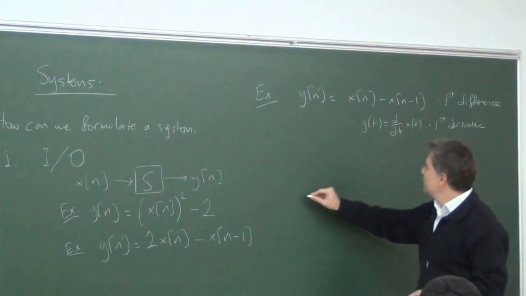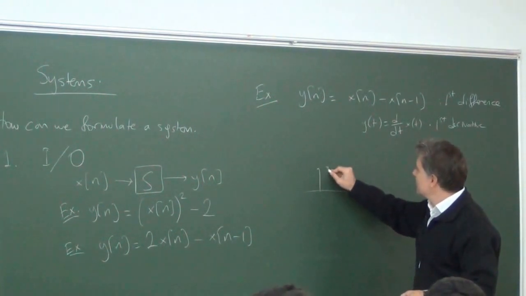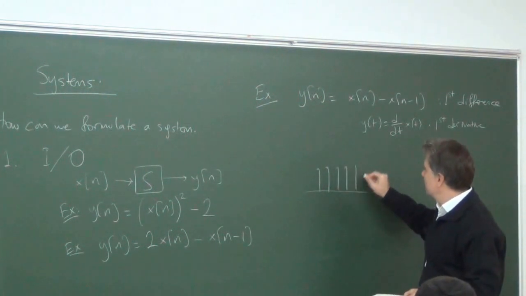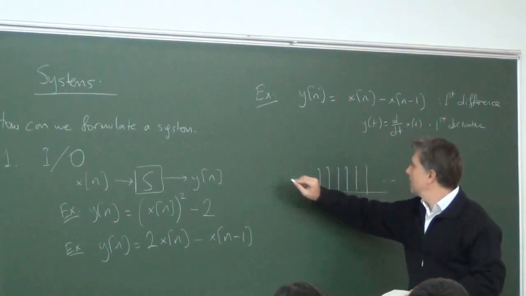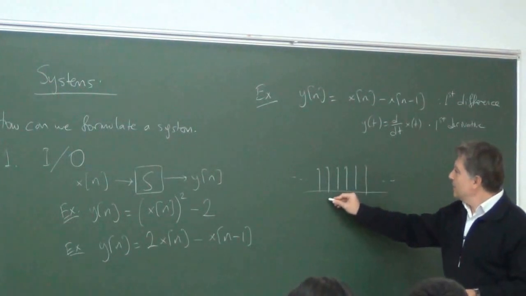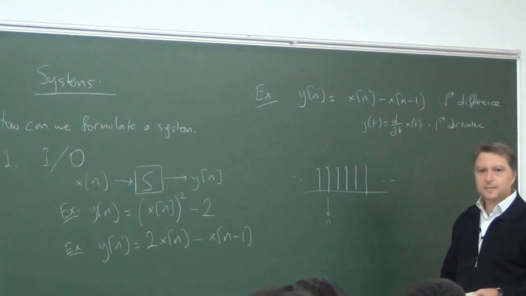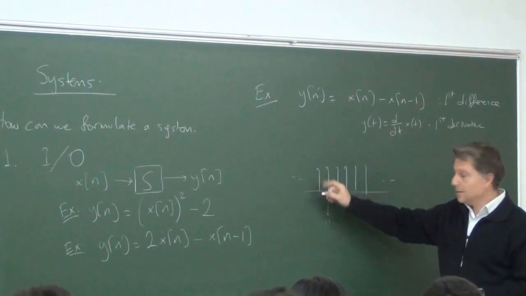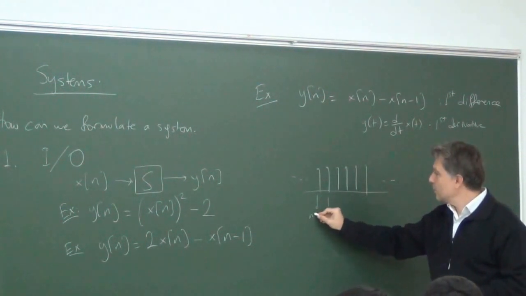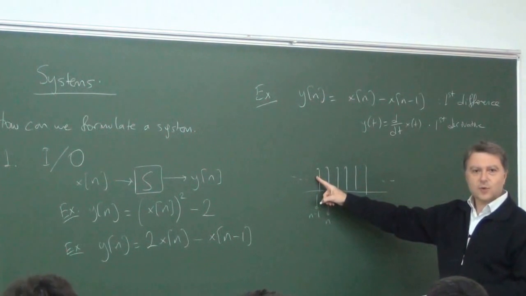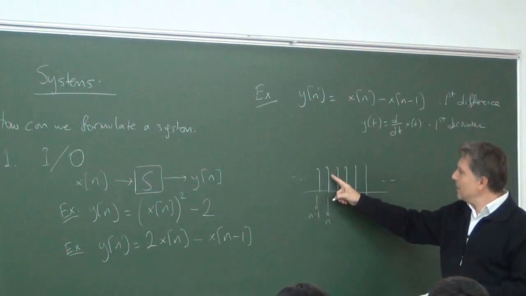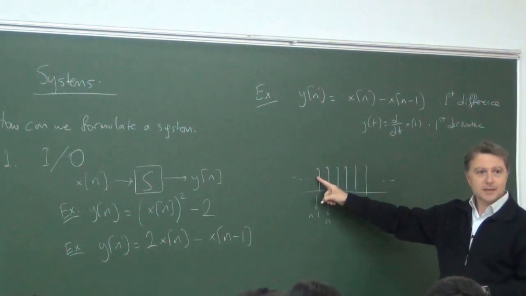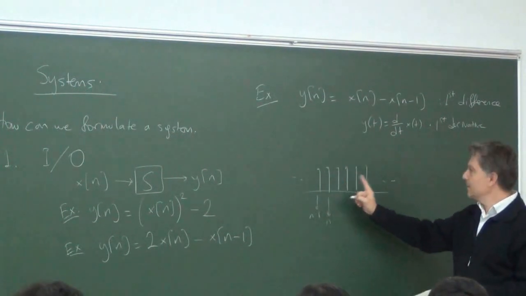Now let's assume that your signal is also constant. For this particular position of n, x of n is this, x of n minus 1 is here, so x of n minus x of n minus 1 is 0, because they are the same things.